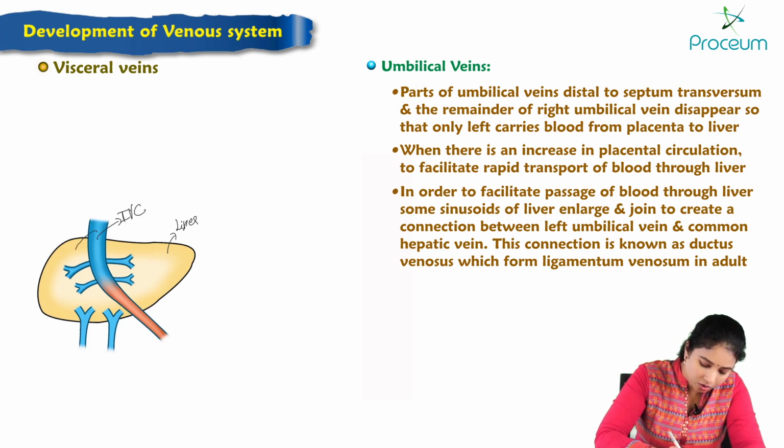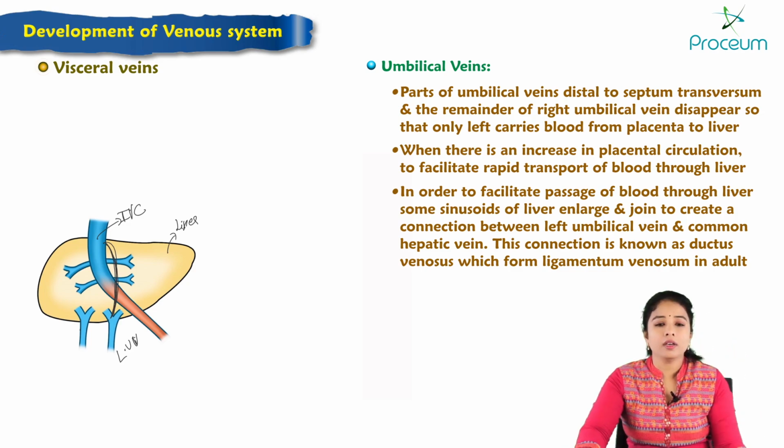So this is the common hepatic vein. The connection between the left umbilical vein and the common hepatic vein is called the ductus venosus, and this ductus venosus forms the ligamentum venosum in adults.